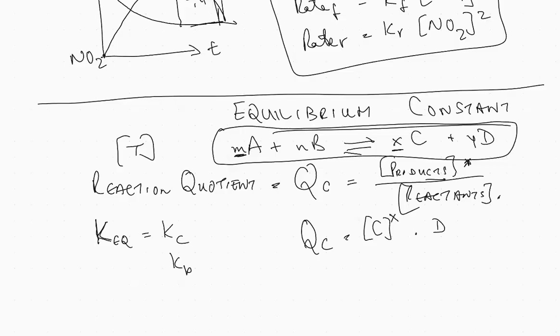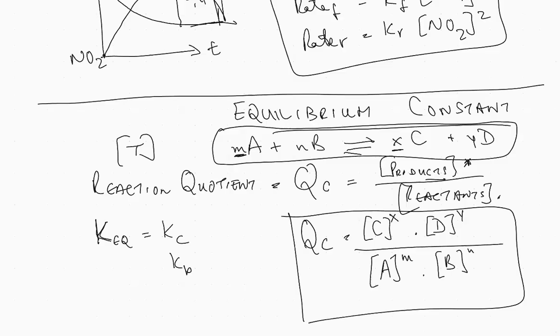And then you have the concentration of A raised to the power m, then B raised to the power n. That is Qc. Why do we say Qc? Because we don't know whether it has attained equilibrium or not. But when it attains equilibrium, Qc becomes Kc.